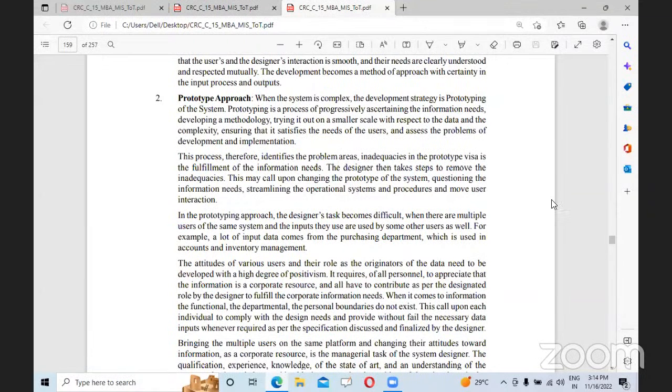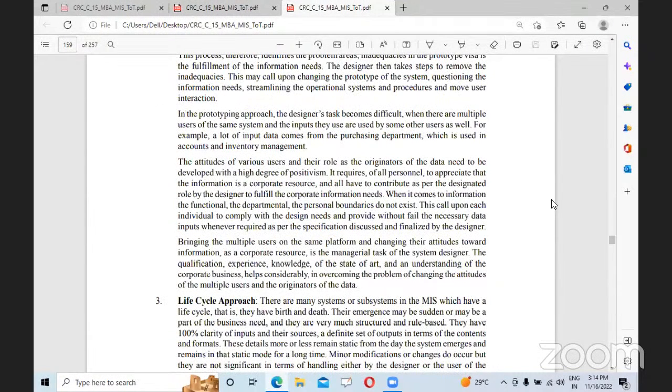In the prototyping approach, the designer's task becomes difficult when there are multiple users of the same system and the inputs they use are used by some other users as well. For example, a lot of input data comes from the purchasing department, which is used in the accounts and inventory management. Like that, mutual understanding is needed with respect to the prototyping concept.